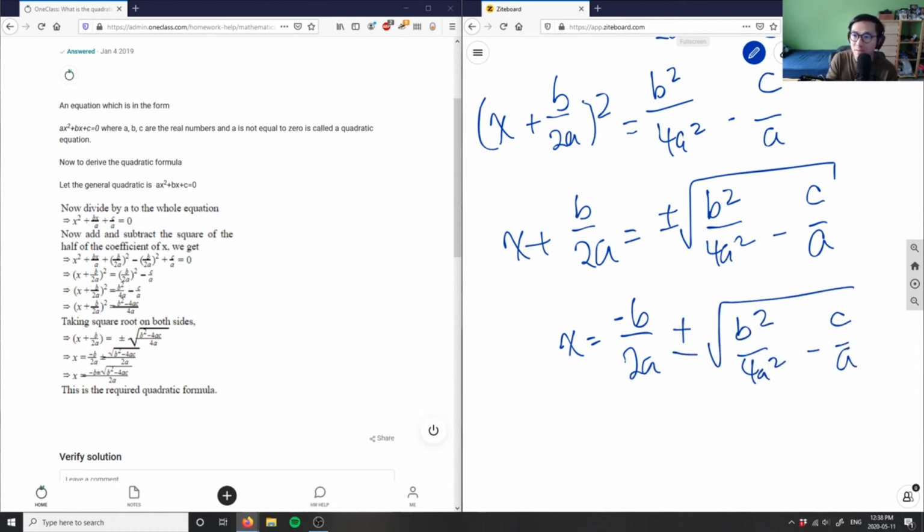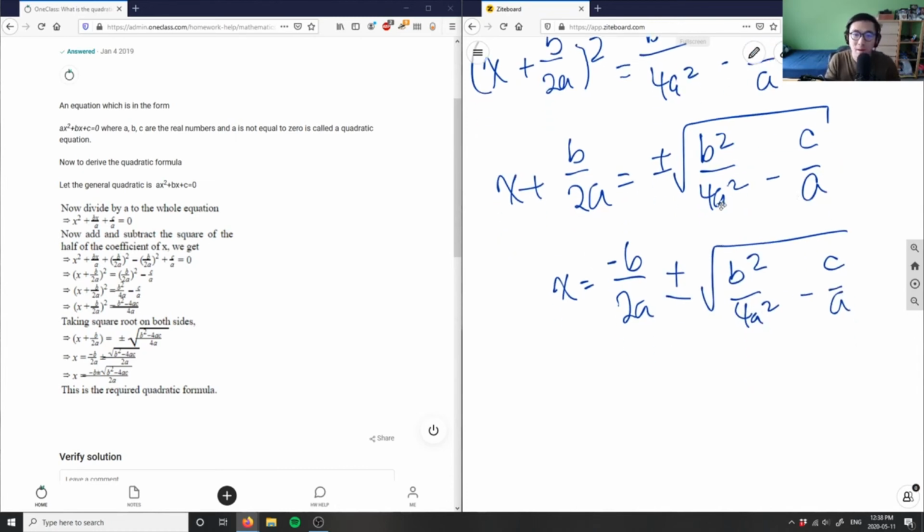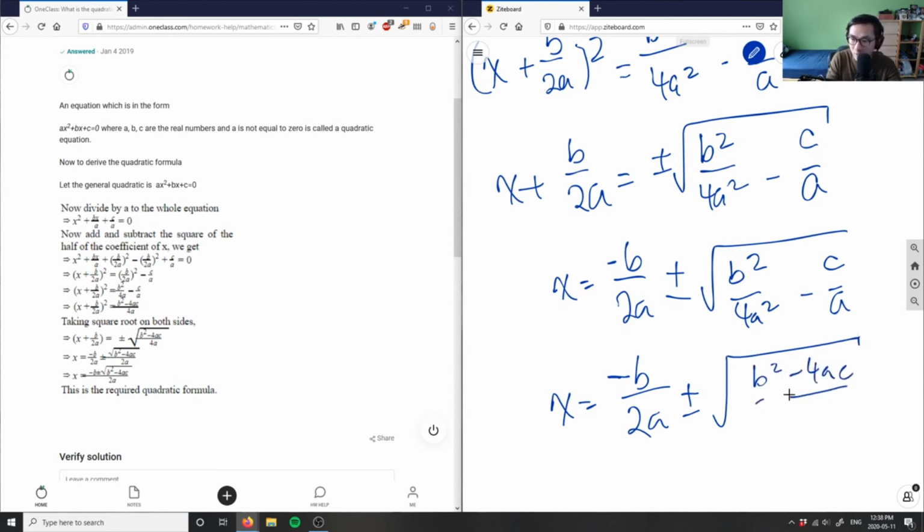And then finally, I can clean this solution up. What they're doing here is they combined both these terms inside the square root. So x would equal negative b over 2a, plus or minus the square root, with everything put over a common denominator of 4a squared: b squared minus 4ac all over 4a squared.